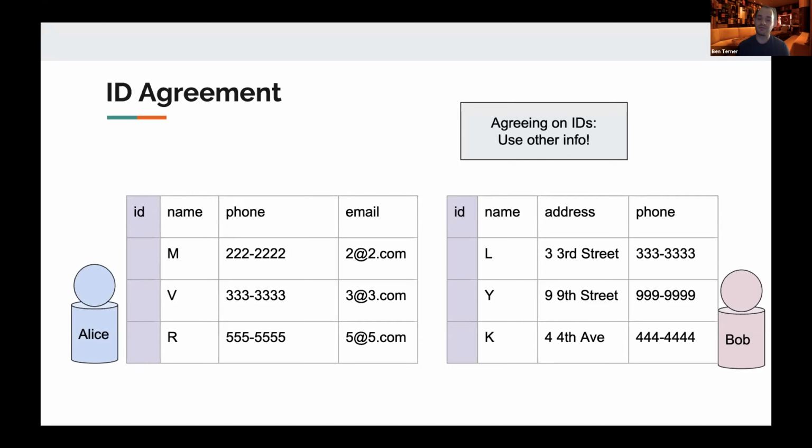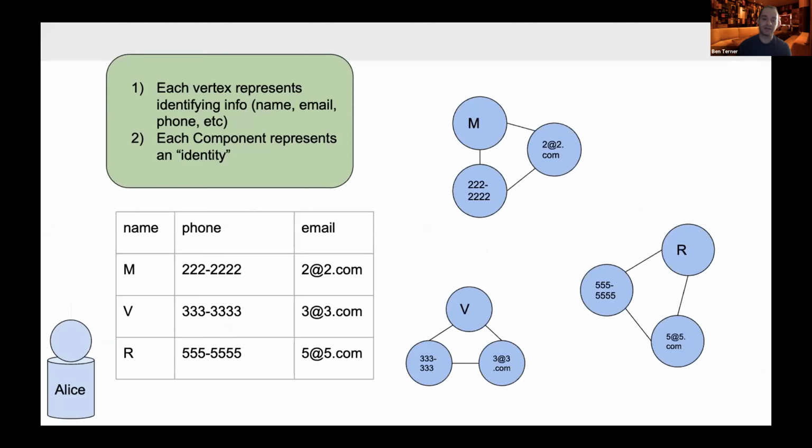In general, the rule that we're going to use is that if any of the elements of identifying information match for two rows, then we say they belong to the same user. The key is that we have to come up with some abstract notion of an identity. So we're going to cast this problem into a graph problem.